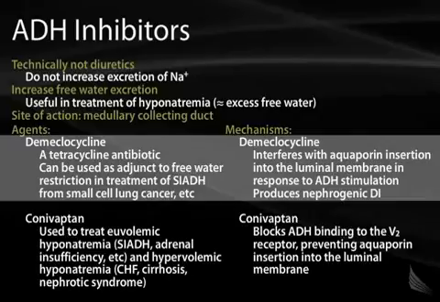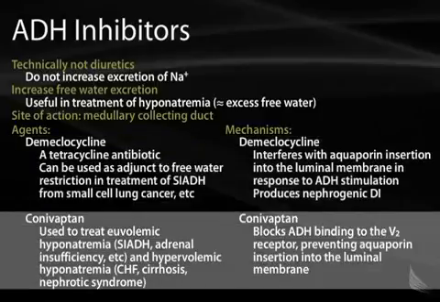It is a tetracycline antibiotic that can be used in adjunction to free water restriction in the treatment of SIADH. Because the chronic administration of demeclocycline can lead to nephrotoxicity, its use is less and less common. The new class of drugs that has recently been developed and released are the direct V2 vasopressin antagonists.